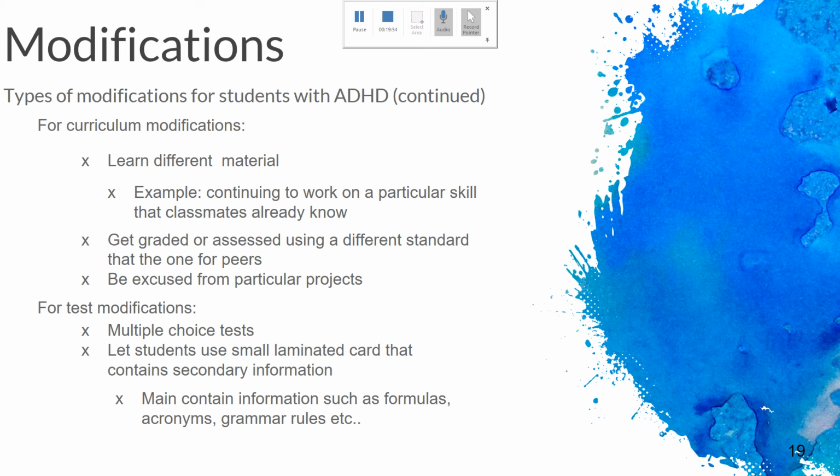This would just be a card that would help them take the test. It does help them, but it doesn't cause them not to prove that they don't know. An example of this would be the card may contain information such as formulas, acronyms, grammar rules, but then they still have to answer questions that may be on that card.